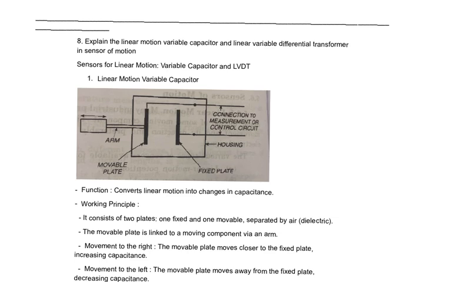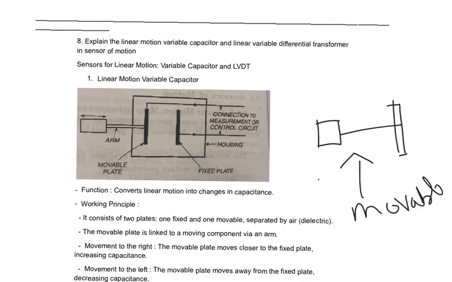The thing you need to remember here is how it is being connected. The function is to convert a linear motion into changes in the capacitance. You can see an arm here on this plate, which is movable.